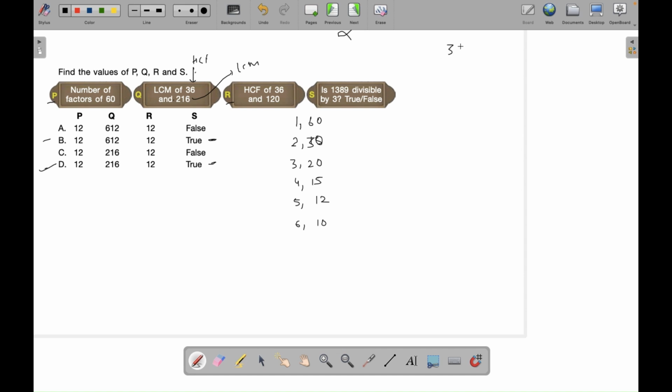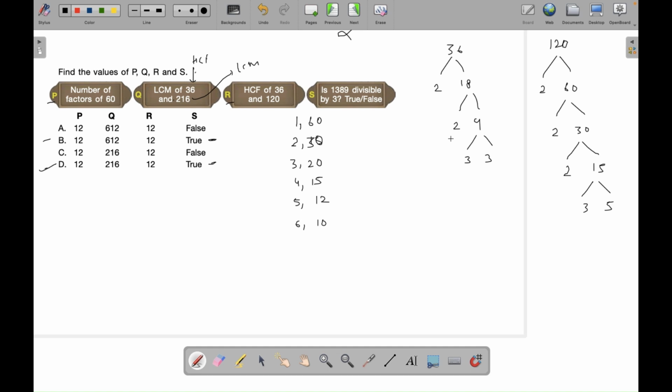Right, so 36, I have to write. So it will be 2 times 18, 2 times 9, 3 times 3. Right? 120, I'll have to write 2 times 60, 2 times 30, 2 times 15, and then 3 times 5.